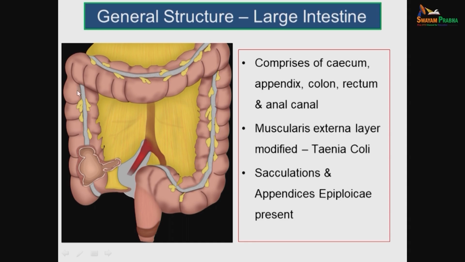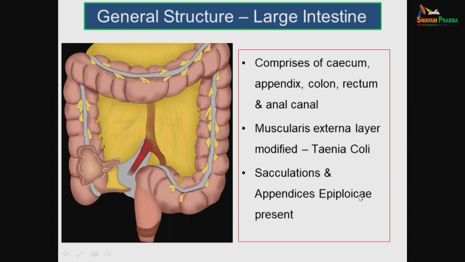This grey structure that is seen is the taenia coli. Then we have the sacculations, the most striking feature of the large intestine. You can see the various sacculations and the yellowish structures called appendices epiploicae.